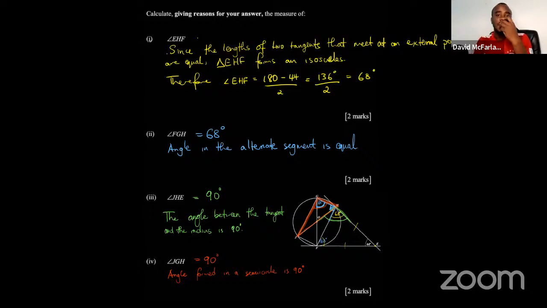So I want to wait until I see that list of topics from CXC before we choose topics like linear programming, direct variation or distance speed time graph. I don't want to choose that yet, but we'll see how it goes.